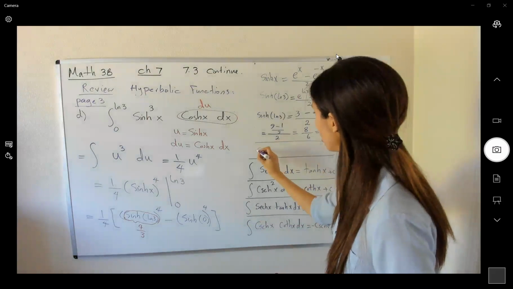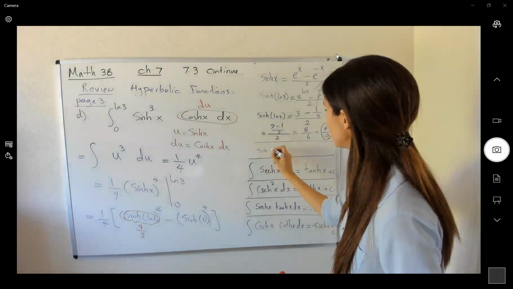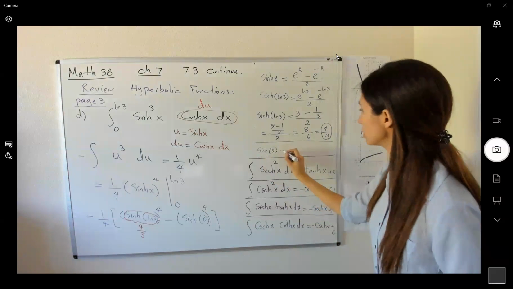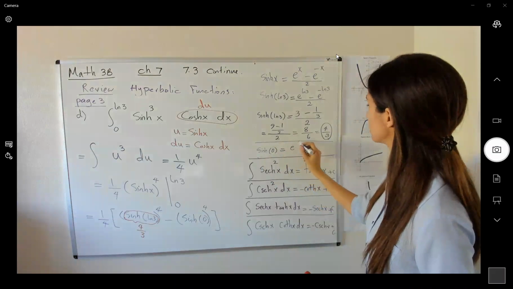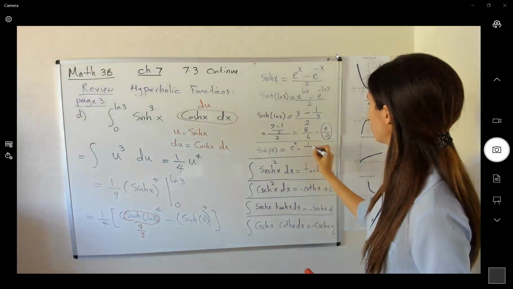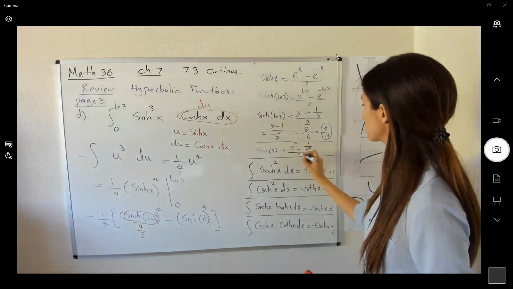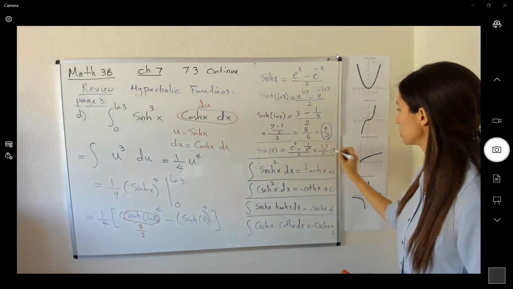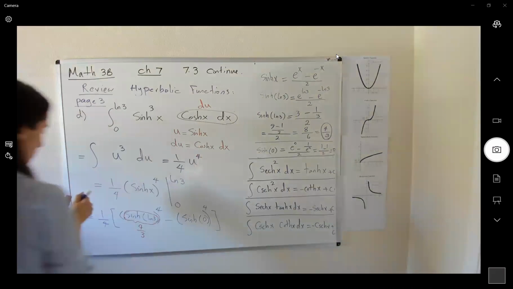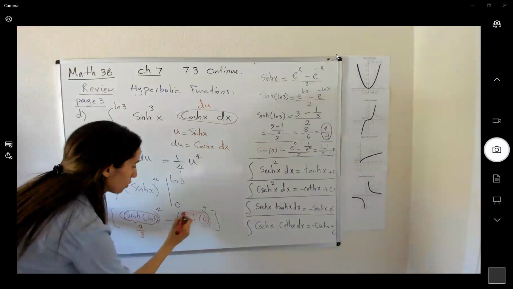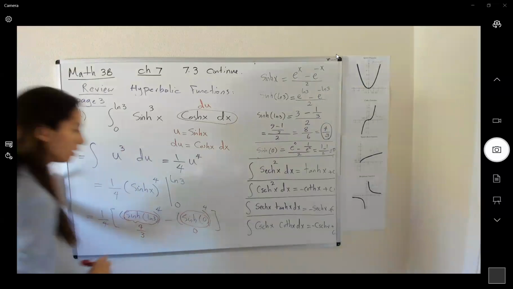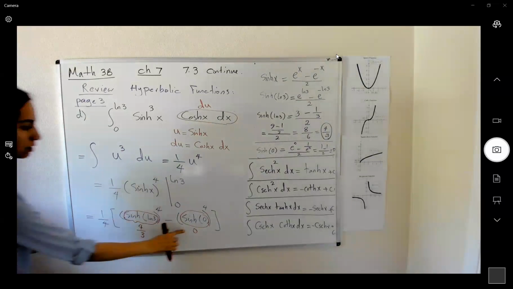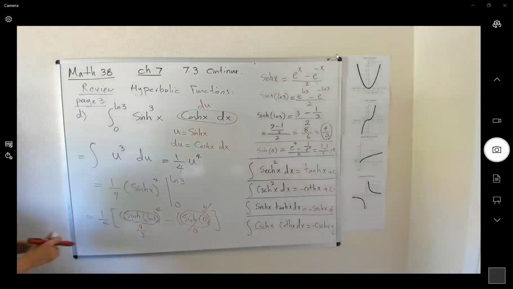Now for sine hyperbolic when x is equal to 0, here you have e to 0 minus 1 over e to 0, the whole thing divided by 2. You get 1 minus 1 over 2, which is 0. So this is 0 raised to the 4th power. 0 raised to anything is just 0.